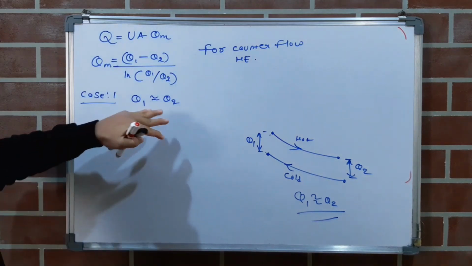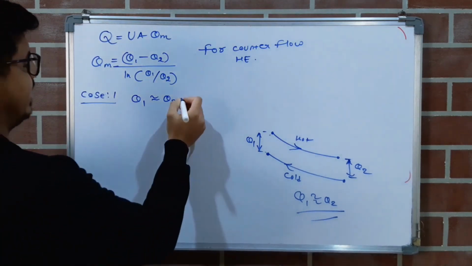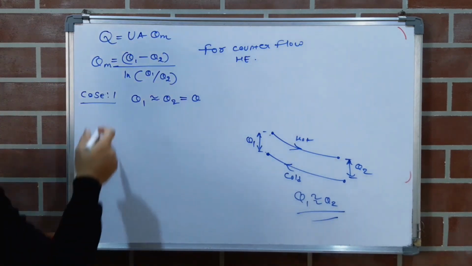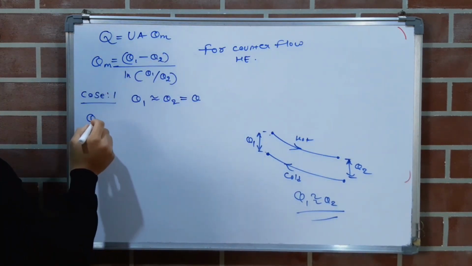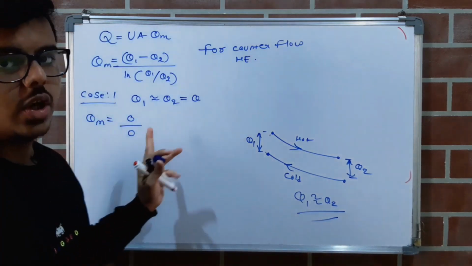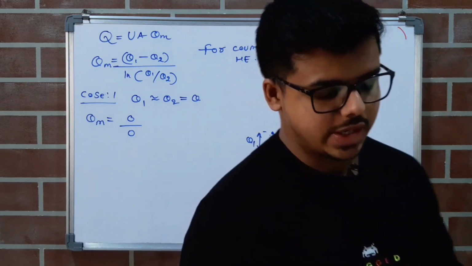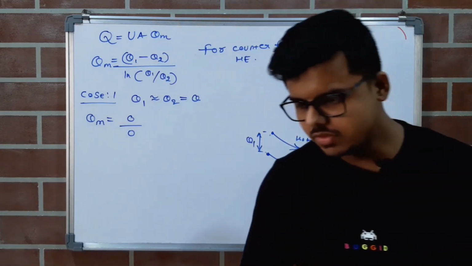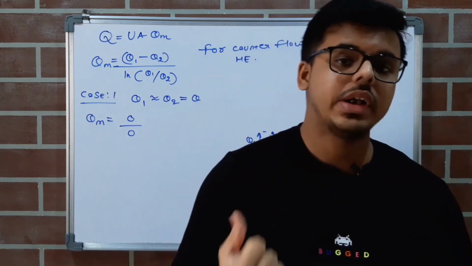Now if you put this into the equation of theta m, you will get a 0 upon 0 form. So it is an indeterminate form, and we cannot put this case directly into the formula. So what will we do?